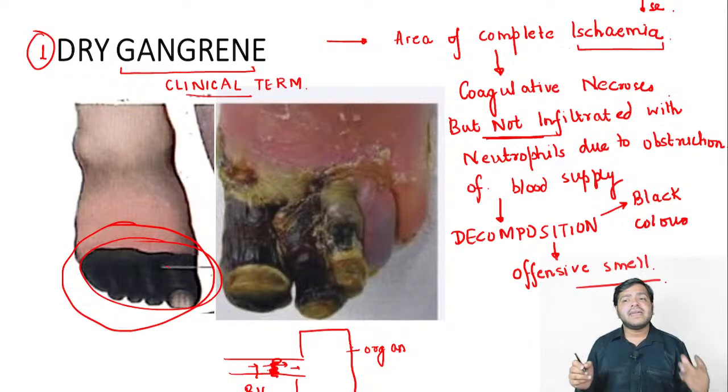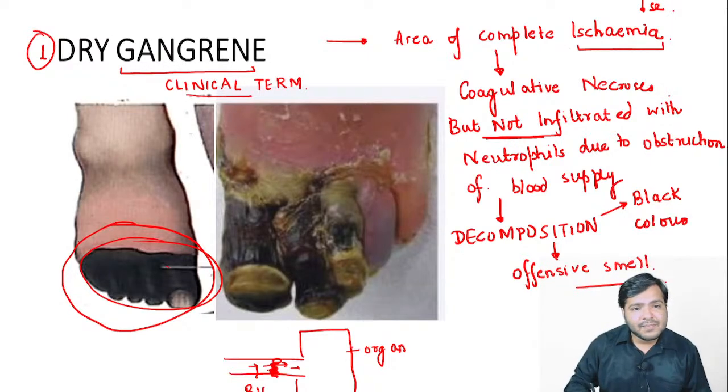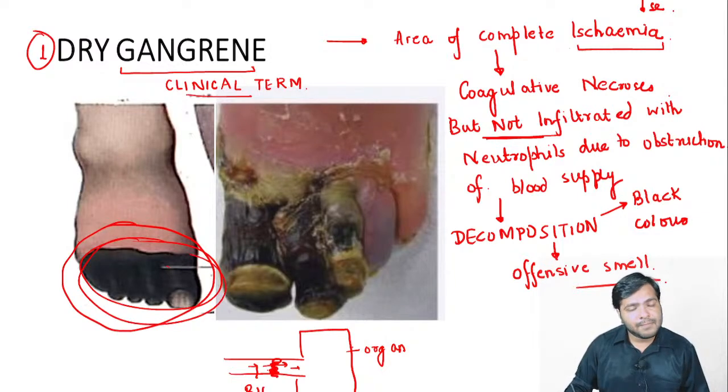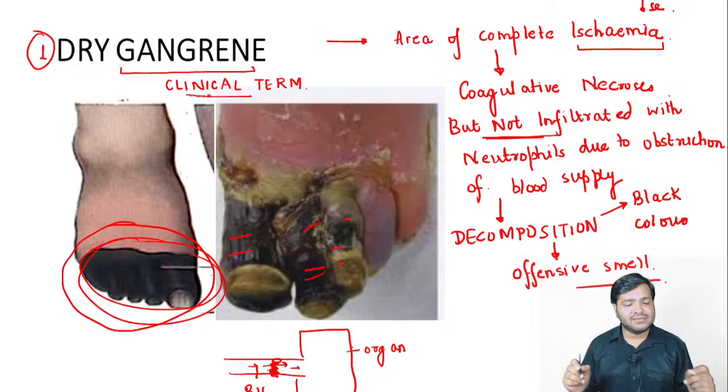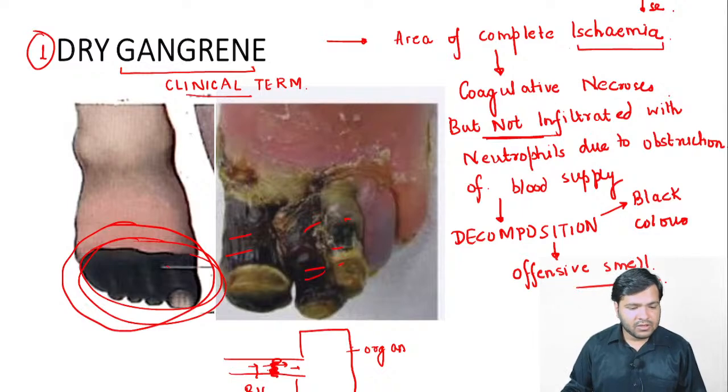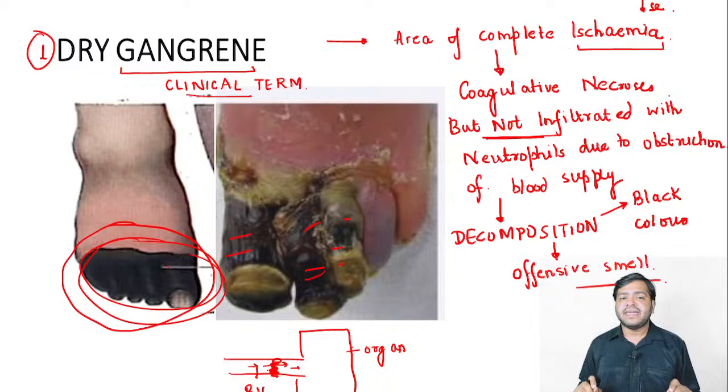So in dry gangrene, you will notice a black colored part of the limb along with a very offensive smell. You can see this black color, and you will get a very offensive smell coming out of this. So that is all about dry gangrene.